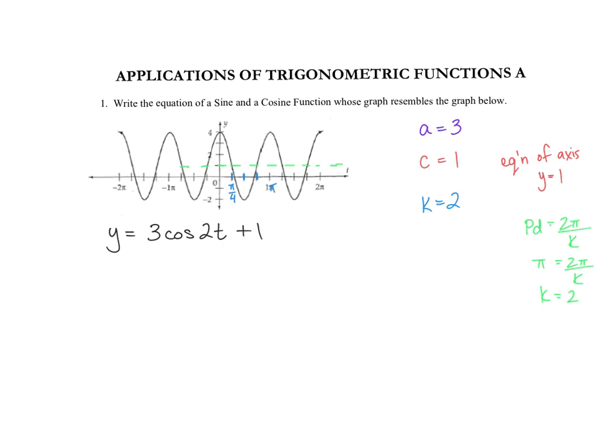So pi by 4, pi by 2, 3 pi by 4, and obviously 4 pi by 4, which would give me 1 pi.